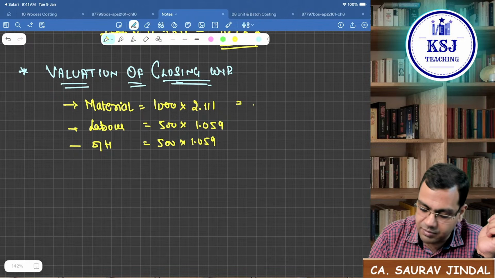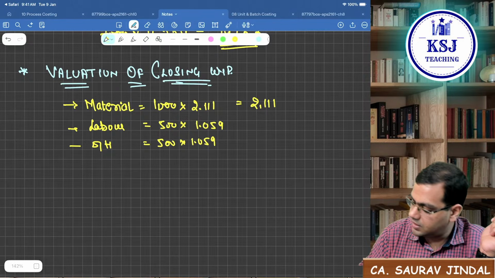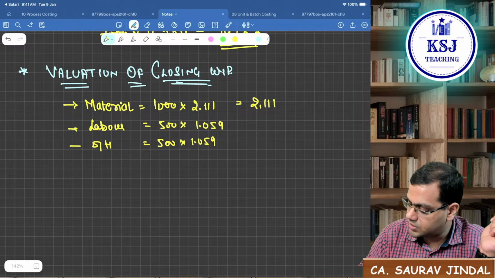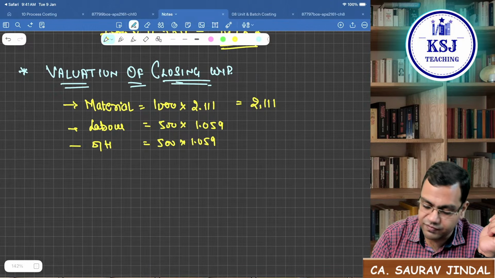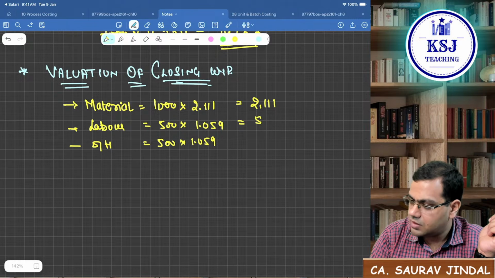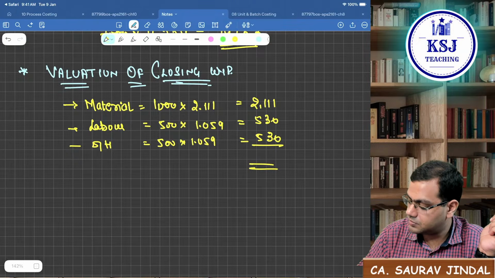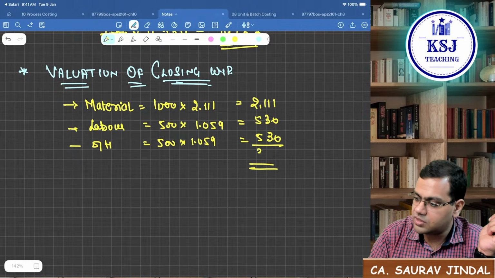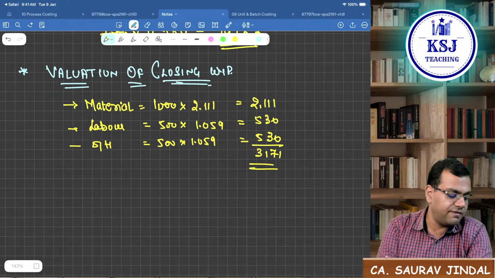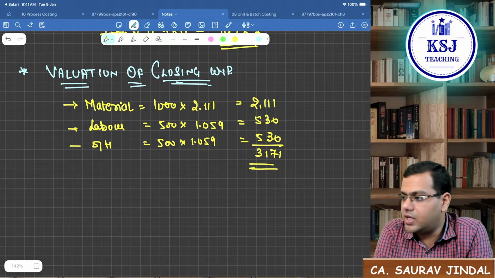So this will be 2,111. Then 500 into 1.059 will come to 530, and here also 530. So this will be the total value, which comes to 3,171. This is your valuation of closing WIP.